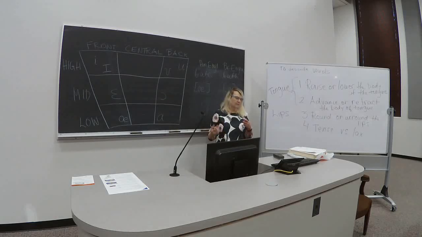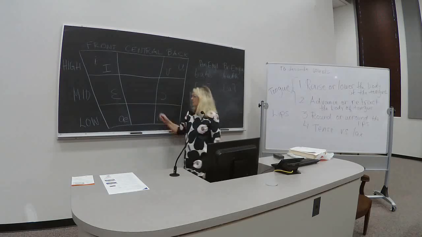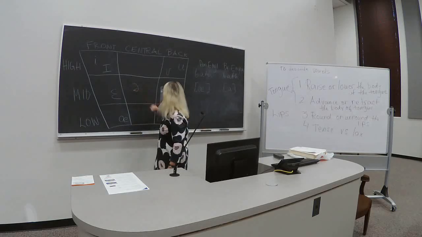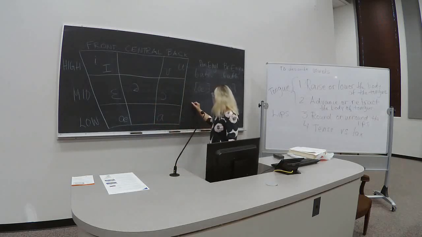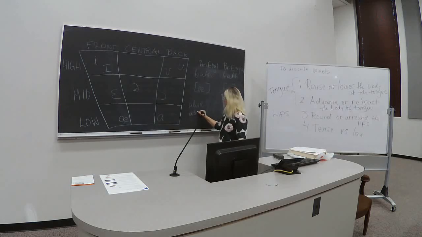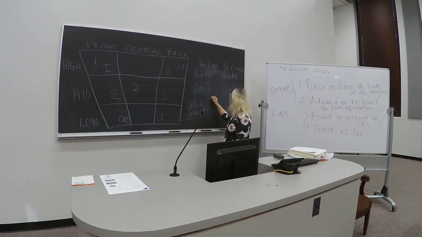This is a mid-central vowel, and we have 2. One is among the most common vowels, if not the most common, in English, like the first sound in alive or about. This is called the schwa.